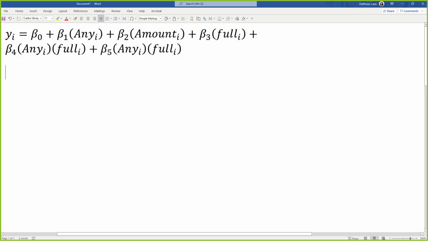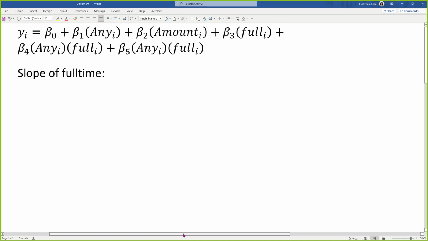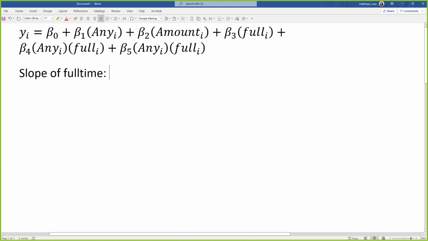There we go. Okay. So then if I want to know what the slope, say, of full-time is, what's the rule? What do I do first? Okay, say it louder. We got to hit the microphone.